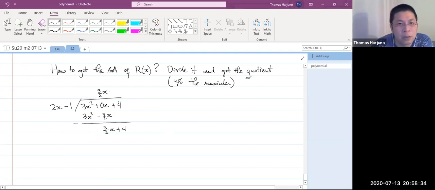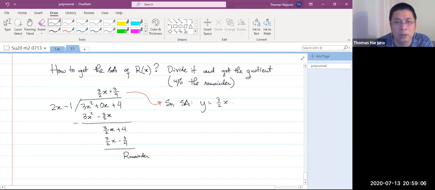That's plus 3 over 4, I believe. So this is the remainder, but we don't care about that. We just need this thing. So the slant asymptote is given by an equation of a line, so I need to use y equals 3 half x plus 4.